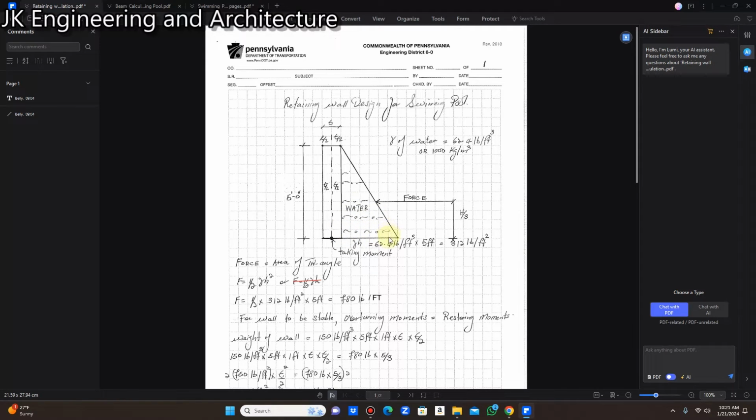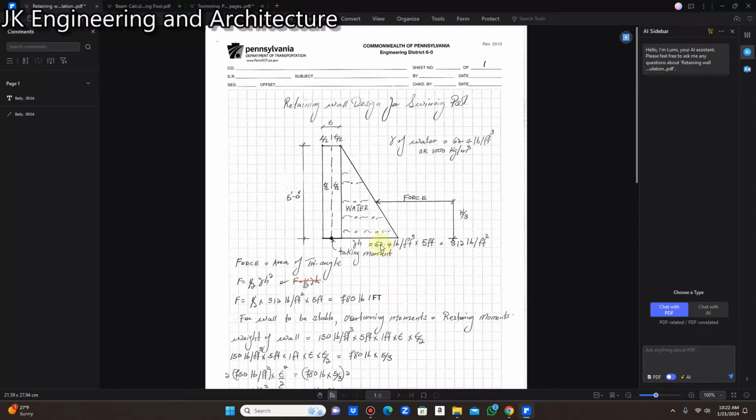All right. So the unit weight of water is 62.4 pounds per cubic foot, or 1,000 kilograms per cubic meter. The maximum pressure is going to be at the base of the triangle here, which is gamma H, where gamma is the unit weight of water.